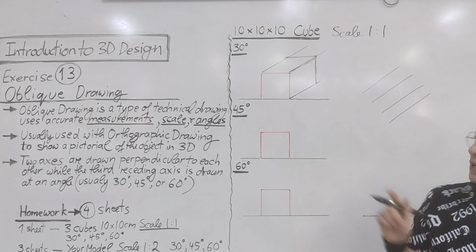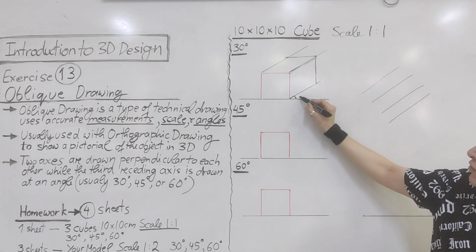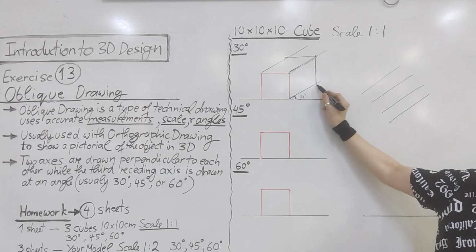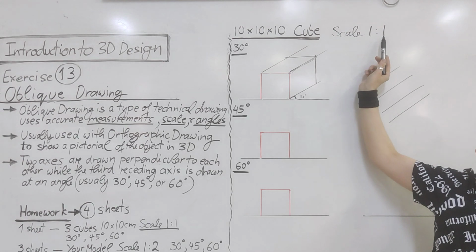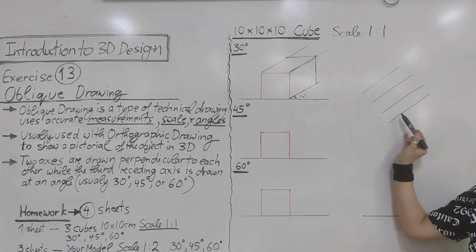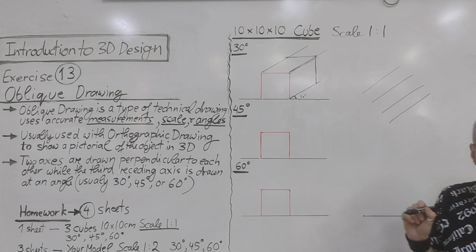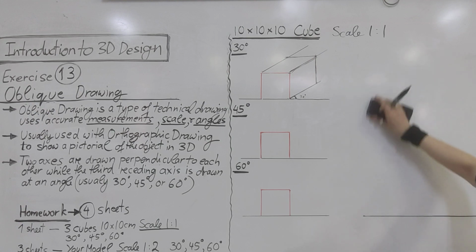Any technical drawing has accurate measurements, accurate angles. So this is here a 30-degree angle. These are accurate measurements according to what is given to you and what is the scale. And the lines are parallel to each other. This is very important to understand, because these are the rules of how to draw it correctly.